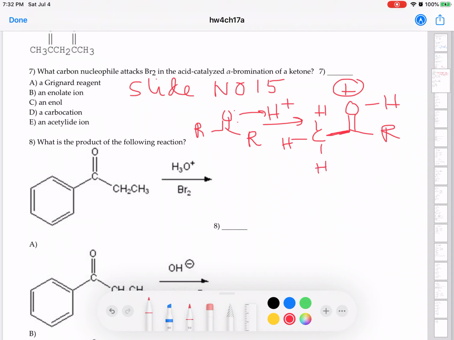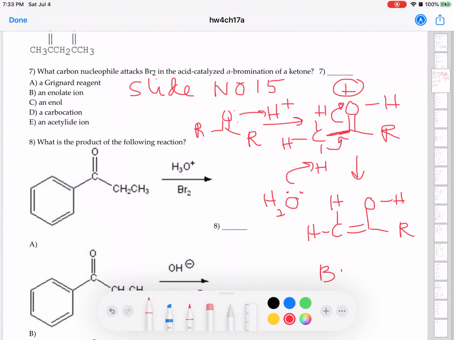So this is the alpha carbon, and even a water molecule can take this hydrogen and form this intermediate, which is HCH double bond OH, R group, and then the halogenation, bromine. So now you have the enol.